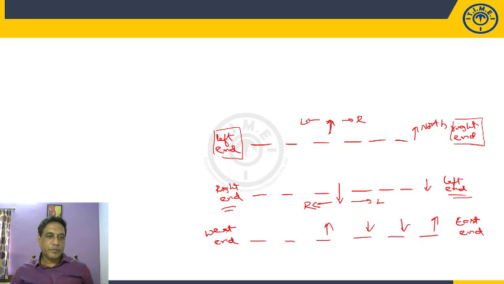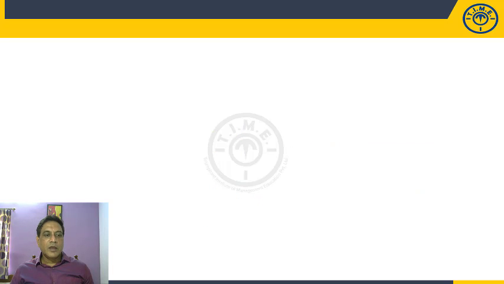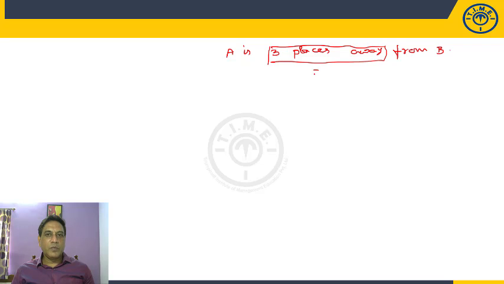This is one thing. The other point is, if the statement says A is 3 places away from B, what do we mean by 3 places away? How many should we leave in between? 3 places away implies that 2 in between.